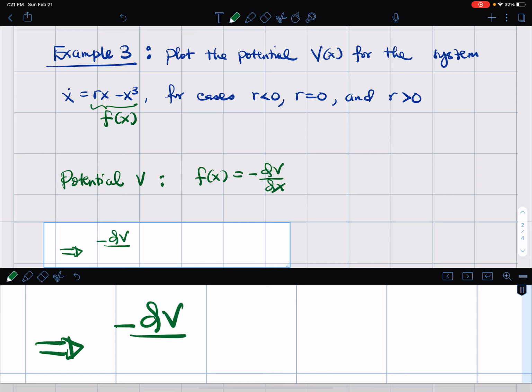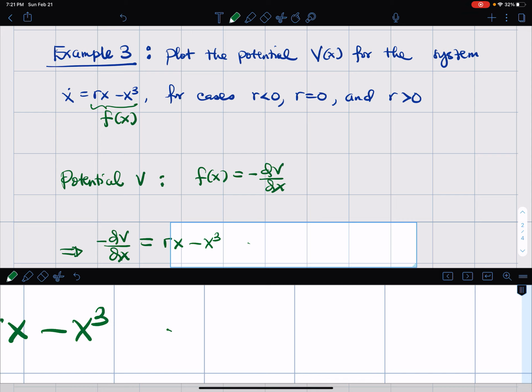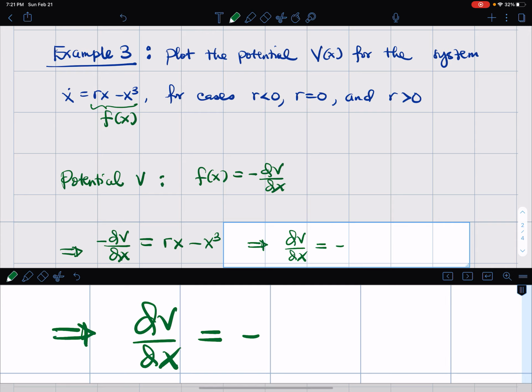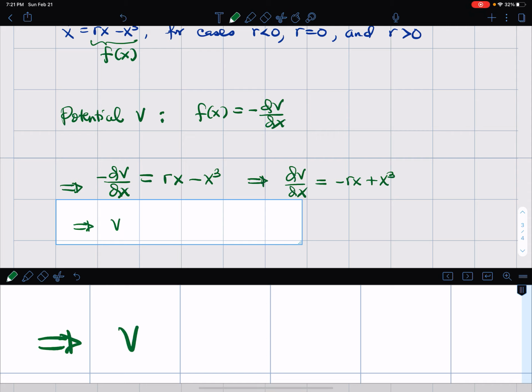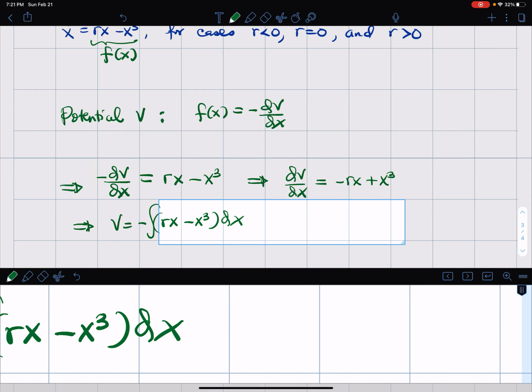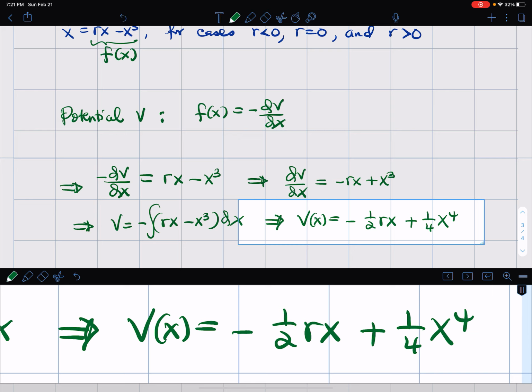So our negative dV dx is equal to rx minus x cubed, which means that dV dx is equal to negative rx plus x cubed, which means that V is the integral of rx minus x cubed dx. All right, which means that V of x is equal to negative 1/2 rx squared plus 1/4 x to the fourth.